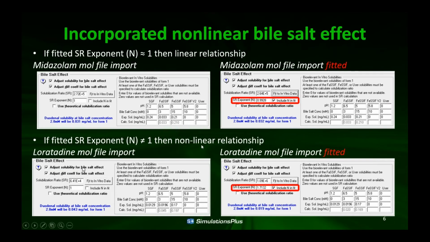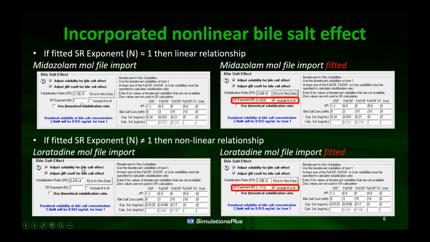This slide just shows an example of how this exponent function works for the linear relationship and for the nonlinear relationship. After we import a mol file, a structure file, for example the midazolam mol file, the program will predict the biorelevant solubility. This experimental solubility, in this case, is an in silico predicted value.